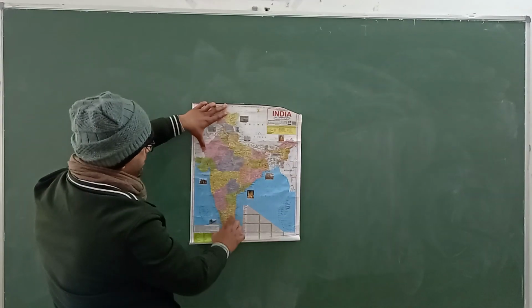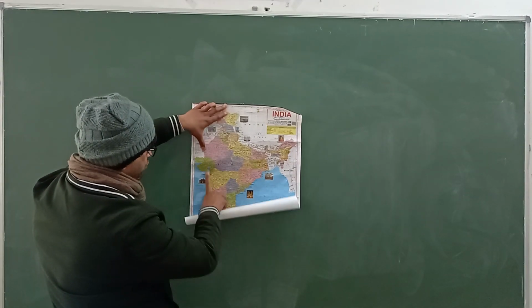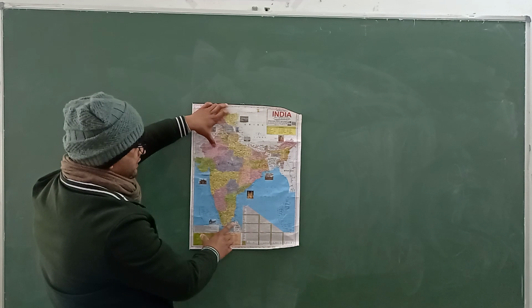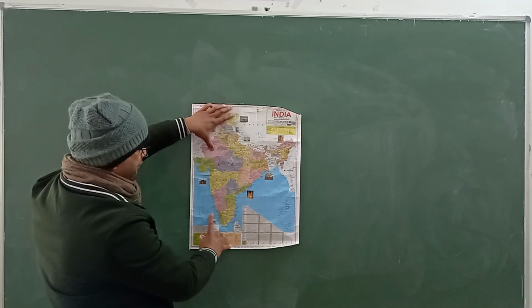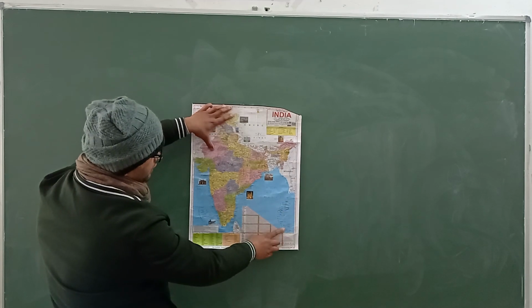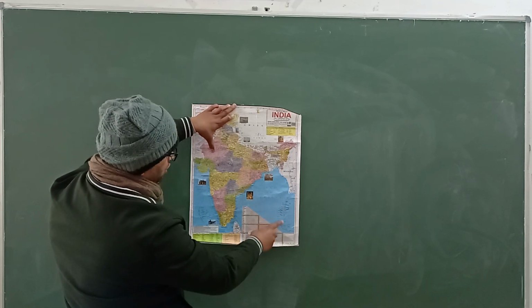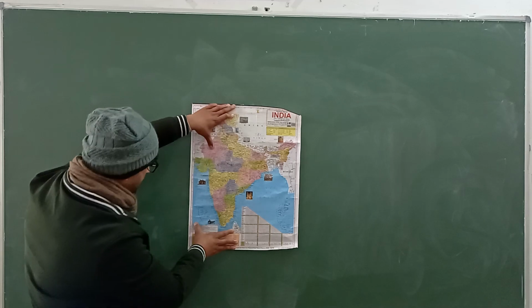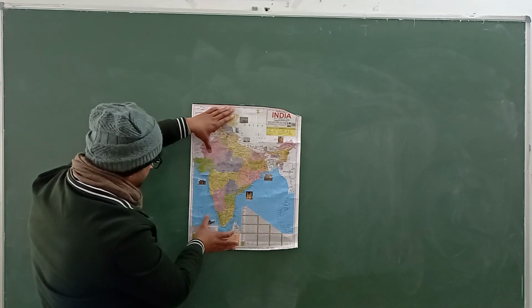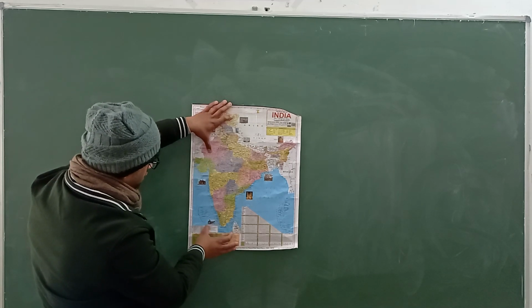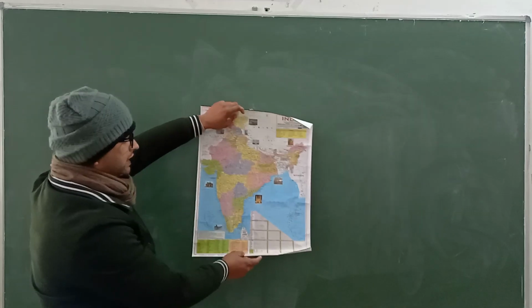Then we have our plateau region, and our coastline region, the eastern coast and the western coast. Along the Bay of Bengal, we have Port Blair as capital of Andaman and Nicobar Islands and Kavaratti as capital of Lakshadweep. So these are the political maps.